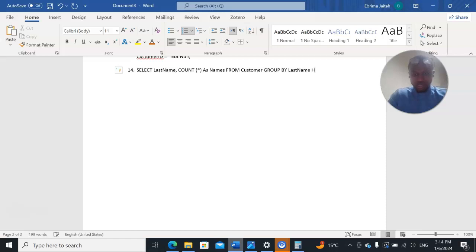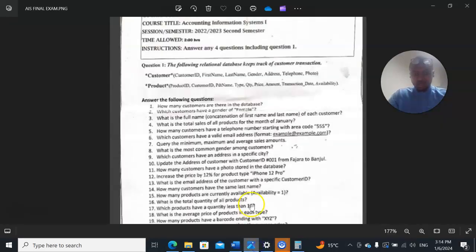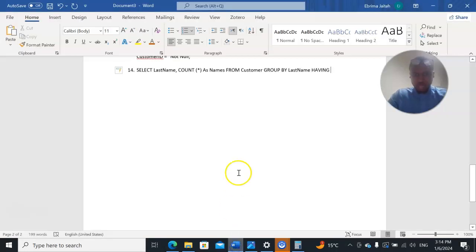Having is also an SQL command. The reason we are using having here is the question: how many customers have, you can see this word, have the same last name. That's why we are using having. Having can be used with count.